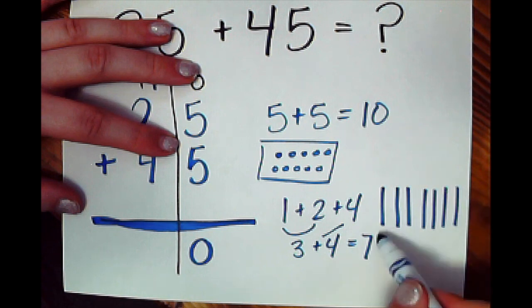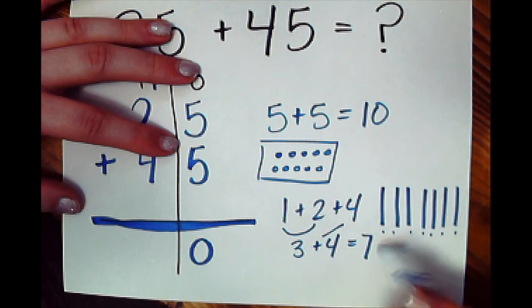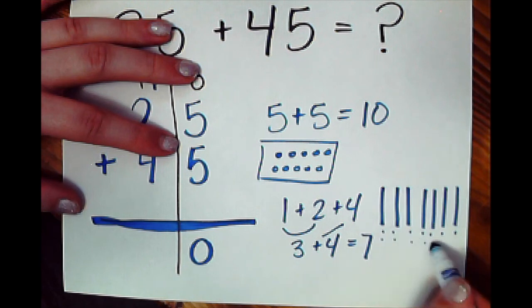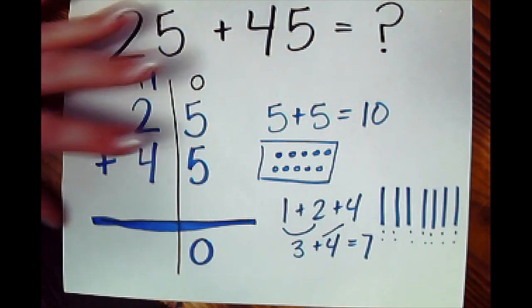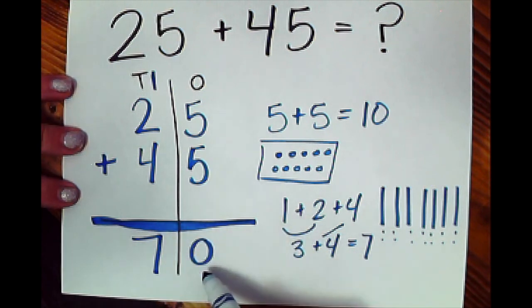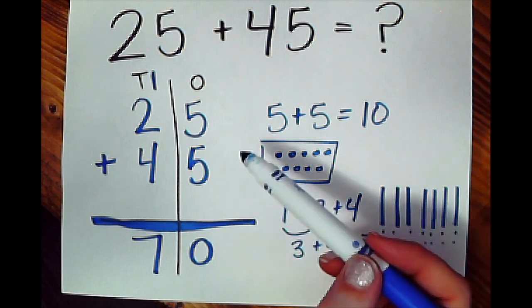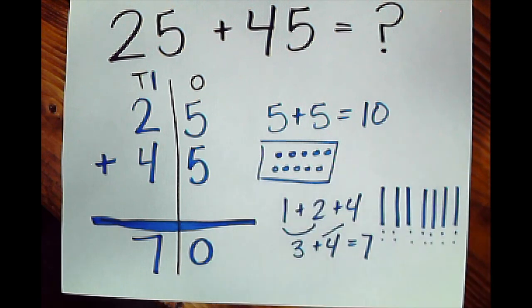Count your 10s. 10, 20, 30, 40, 50, 60, 70. 1, 2, 3, 4, 5, 6, 7 tens is the same as 70. So I write 7 tens and 0 ones. I have 70 plus 0, 70. So 25 plus 45 equals 70.